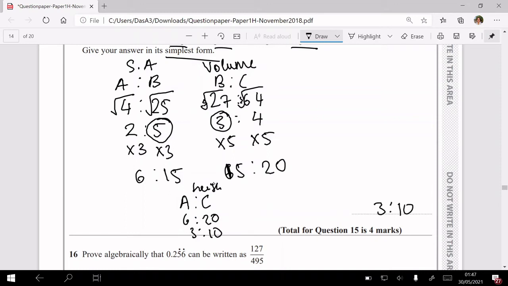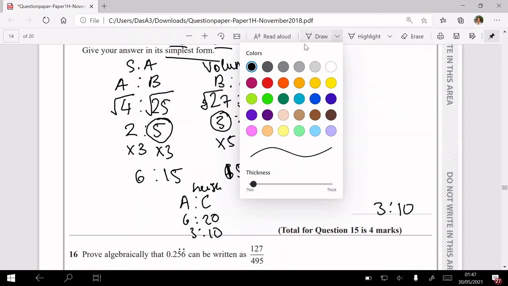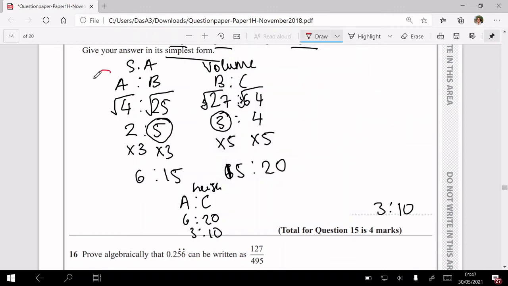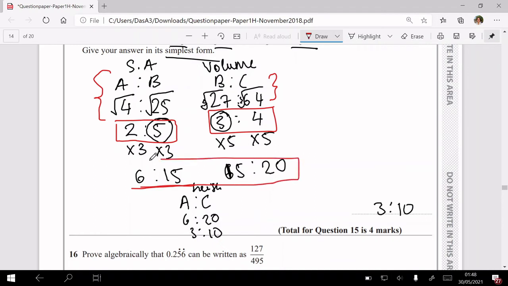So this might look a bit confusing. What you are trying to do is use the area scale factor to figure out the length factor for A and B. Then you use the volume to find the length factor for B and C. Then you make it into a single ratio where you can compare them. To do that, you made the ratio for B the same in both cases.